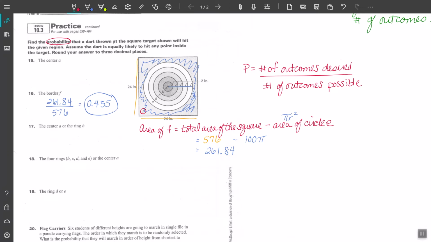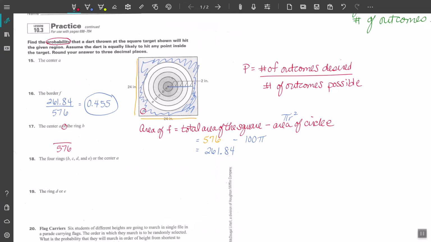So now here in number 17, they've just added in the word or, and they want to know the probability of hitting the center A or the ring B. So out of the entire board, 576, that's our denominator still. What is the likelihood? What's the probability of hitting either A or B? It doesn't matter which one.